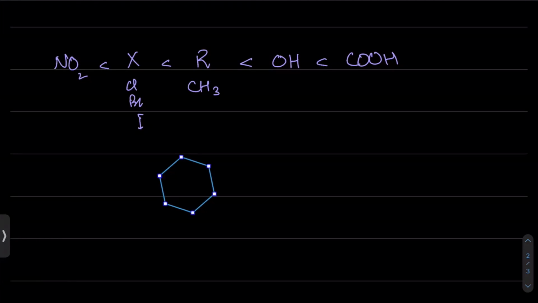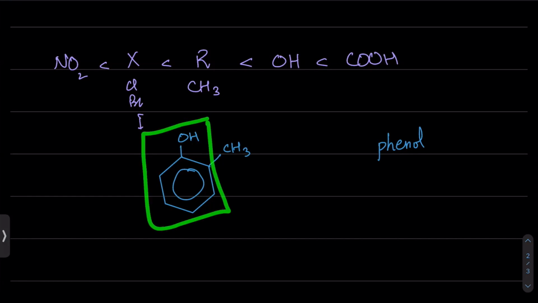this thing here and there is OH here and a CH3 here, then here's what I'll name it. When in presence of OH, the precedence of CH3 is lower, so it will be phenol because of OH being there with the ring. So this part is considered first, and then there is methyl.